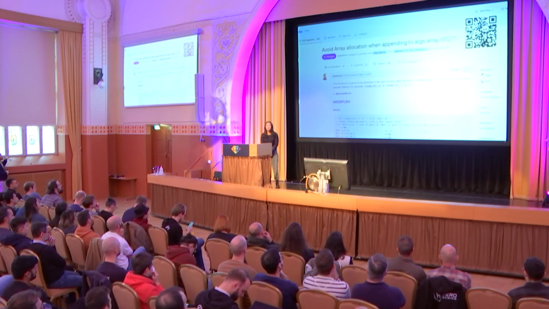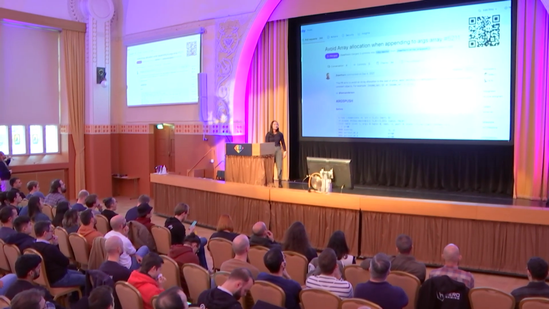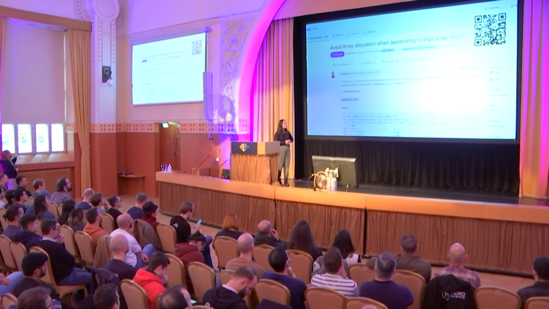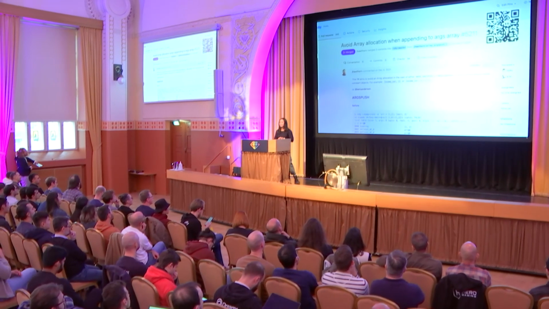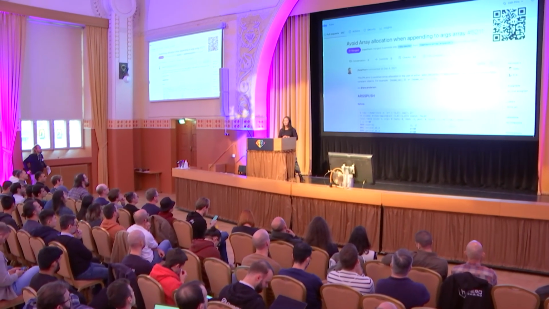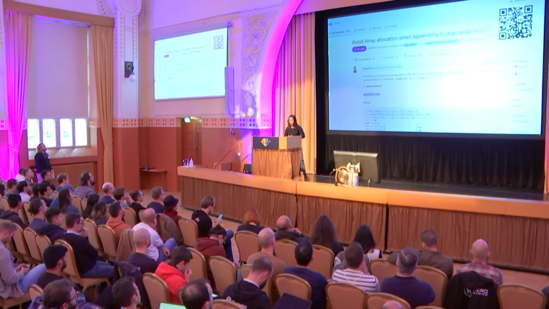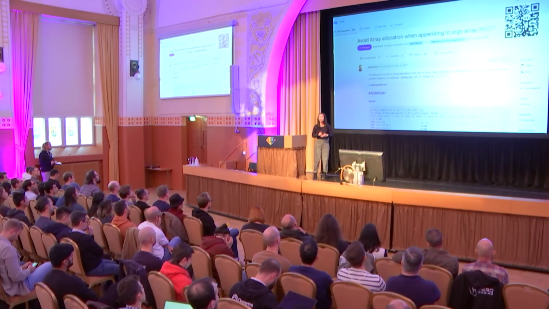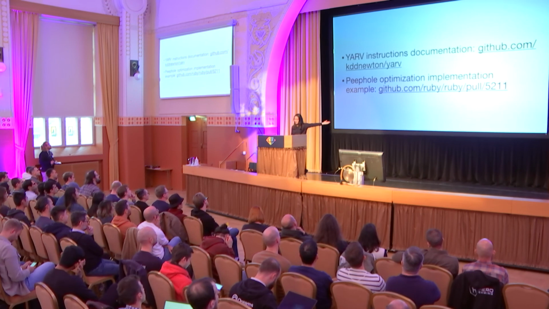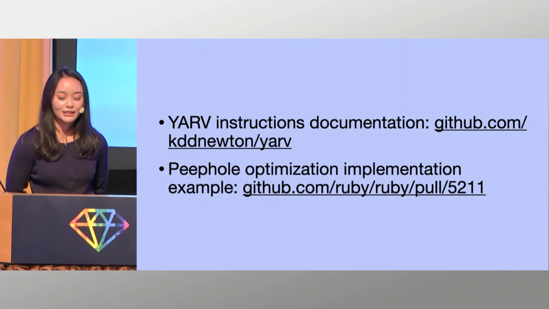And so hopefully you feel like you know what to look for if you're ever interested in diving into this. I haven't really told you how to write your own Peephole optimization, but I think you have the tools. And these are the links to the two resources that I shared.